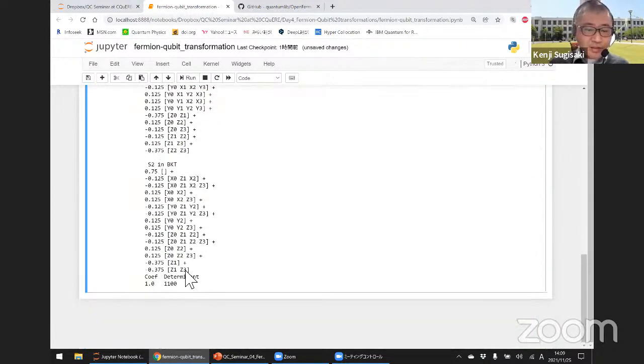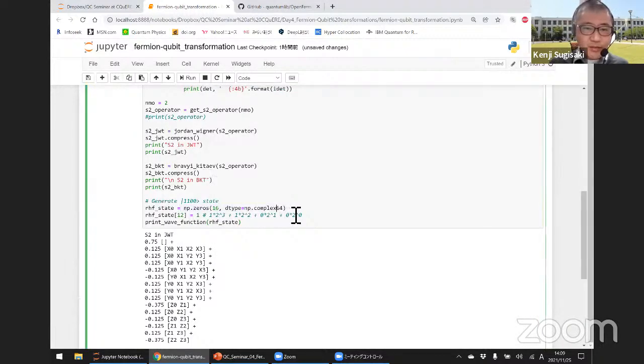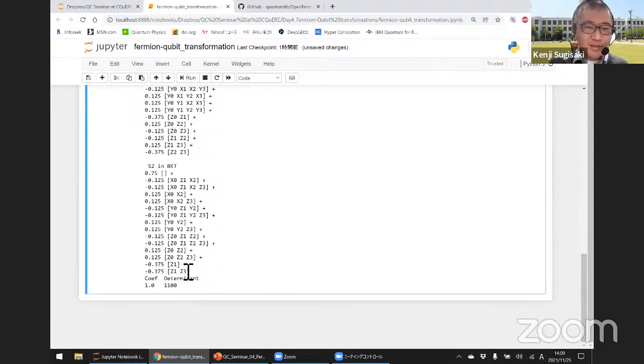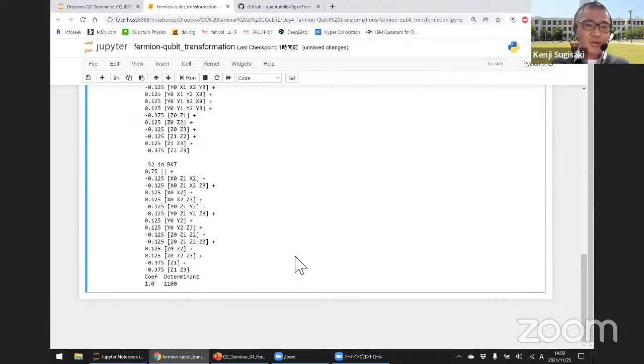If we define this state, the corresponding wave function is shown here. Just the determinant corresponding to the 1100 state has the coefficient one, and the other determinants have coefficient zero.